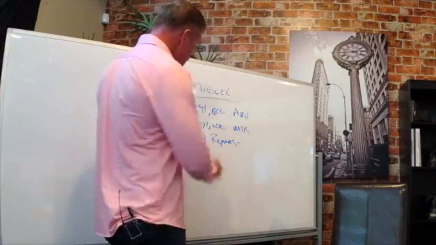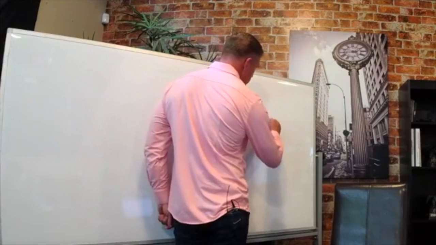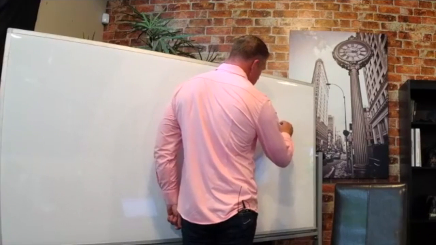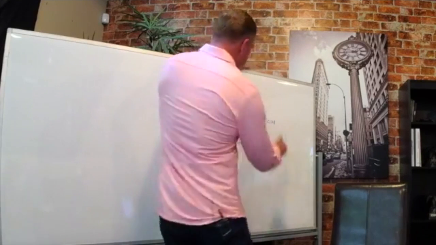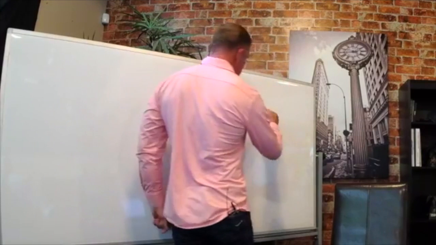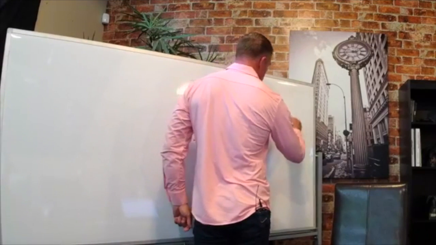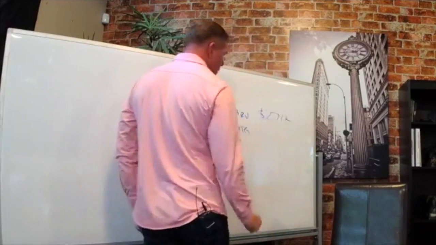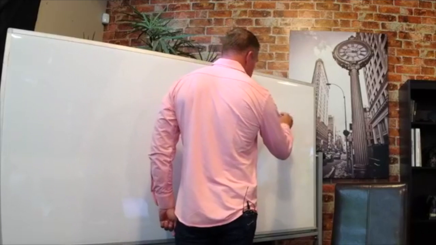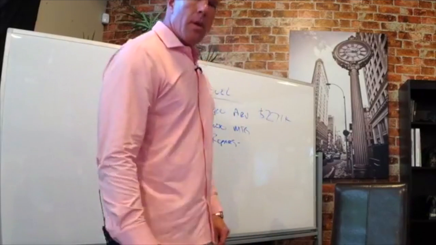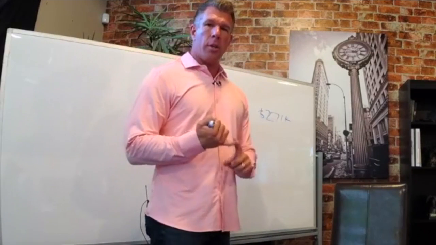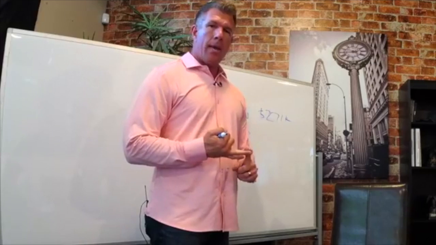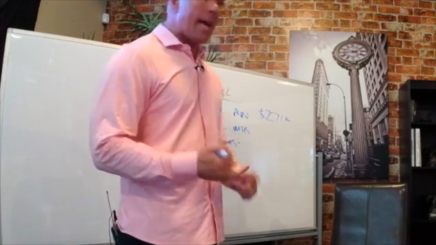So let's say this 271K loan, right? This $271,000 loan. We've first got to make sure it's a good loan that we can wrap, and number two, we've got to find out what a wrap is.